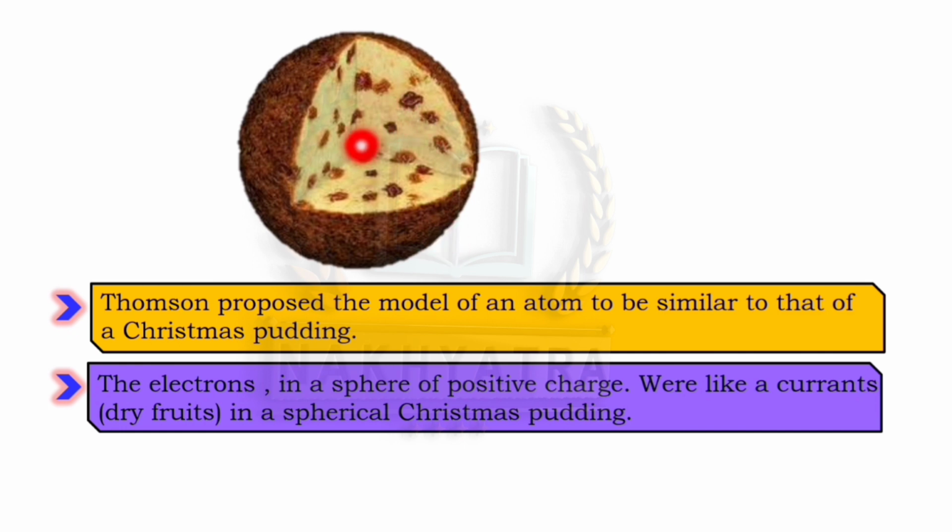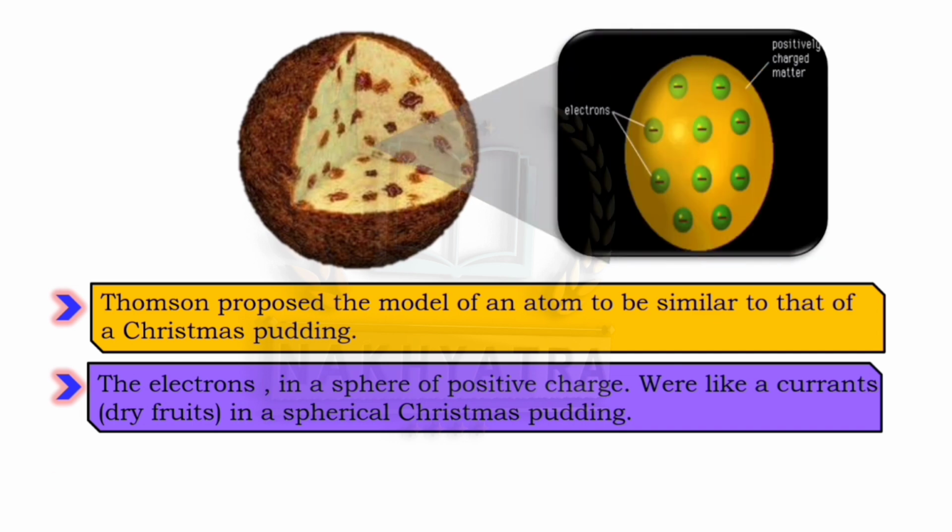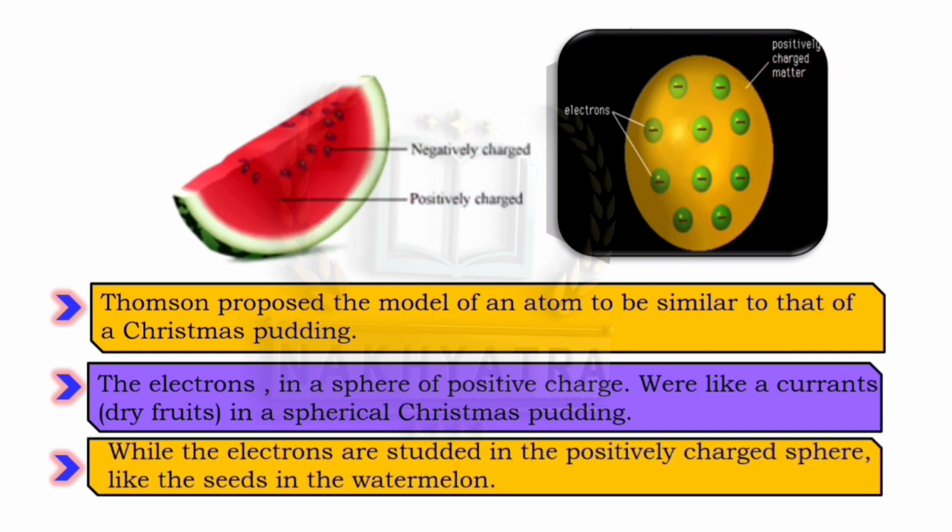These are the electrons, negatively charged, embedded in positively charged matter, like the seeds in a watermelon. Can you see how the seeds are studded in the watermelon? Similarly, the electrons are studded in the positively charged sphere.